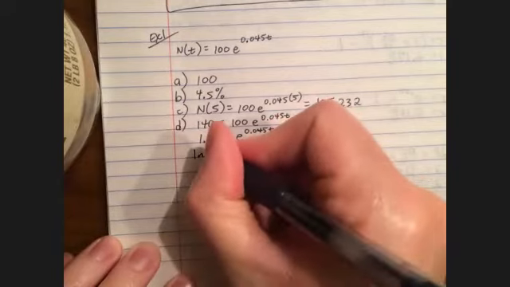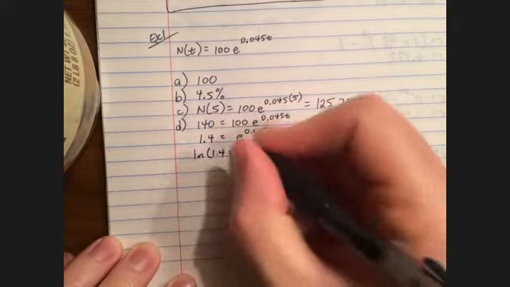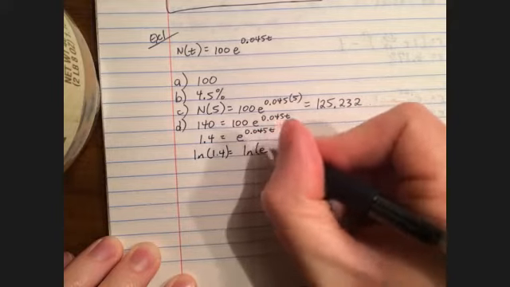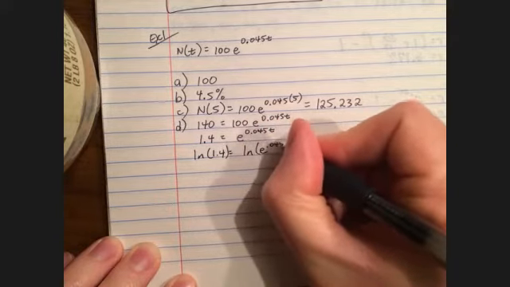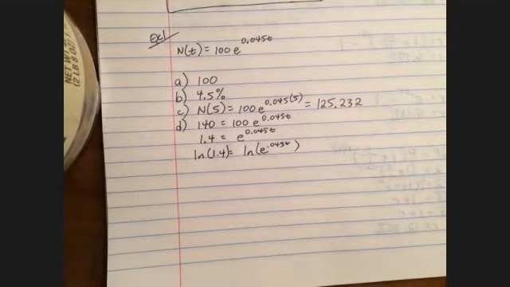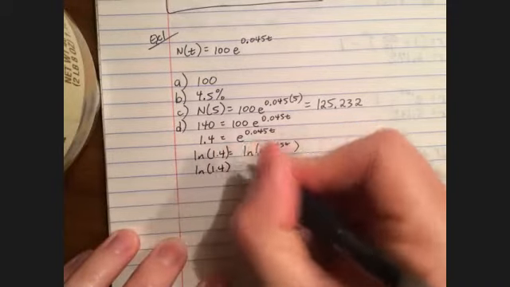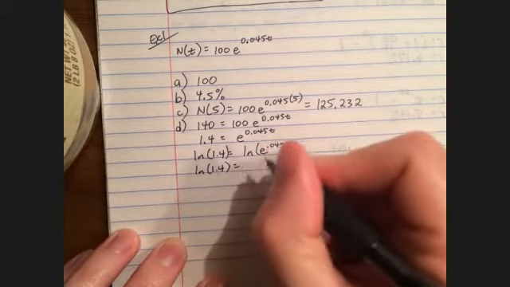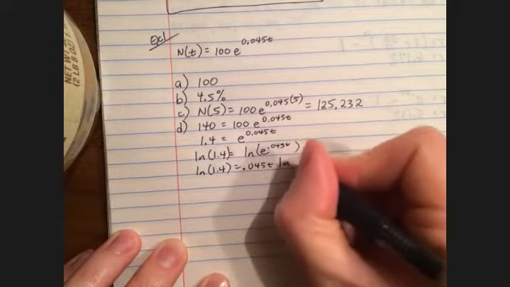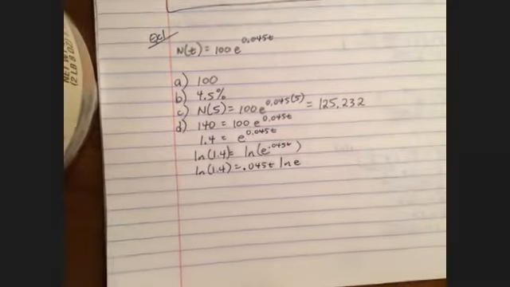Okay, now we're going to incorporate our logarithms. So ln of 1.4 is equal to ln of e to the 0.045 t, which we can write as 0.045 t ln of e.